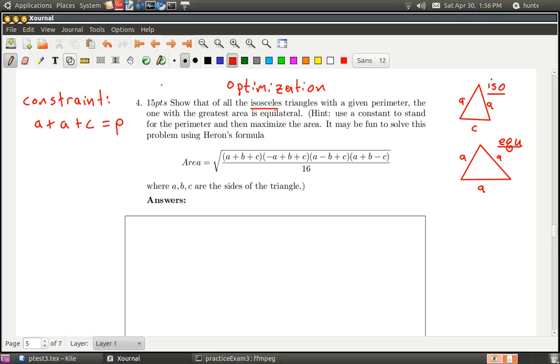Okay, so I'm just using this little lowercase p as a constant that stands for the perimeter. It's just some number. That's a constant. Let me change it to a constant. Okay, so little p is just some constant that stands for the perimeter, and of course any sane person would rewrite this as 2a plus c equals p.